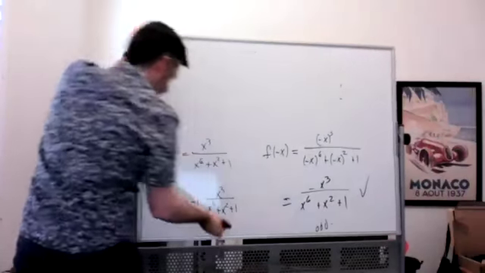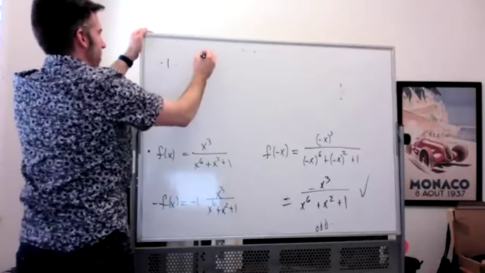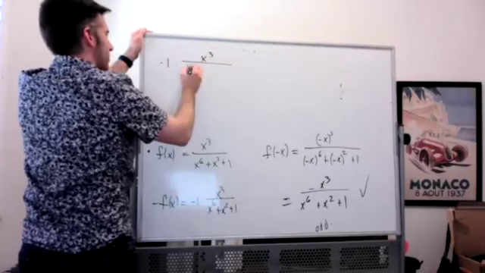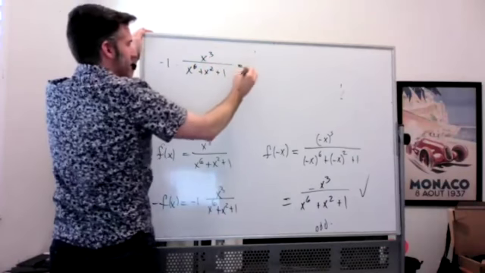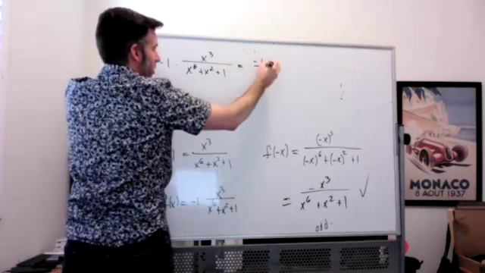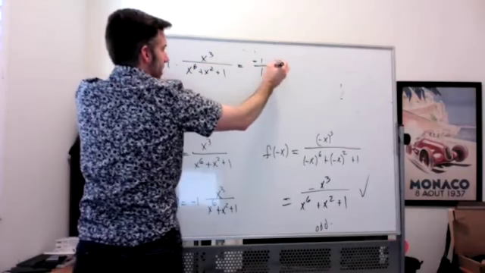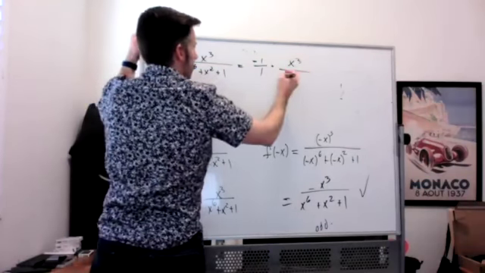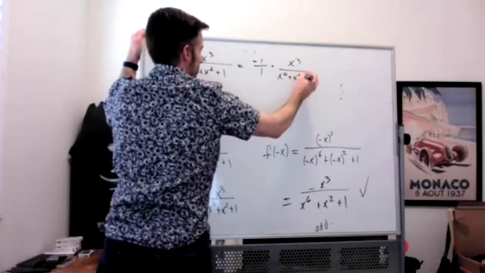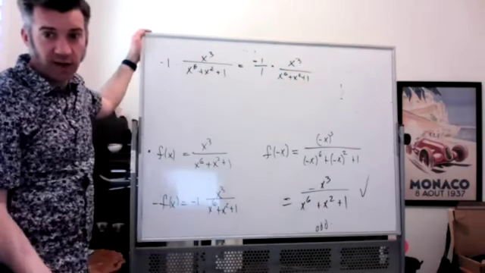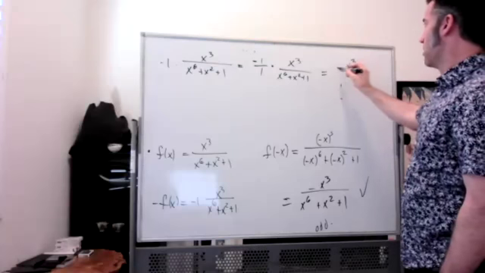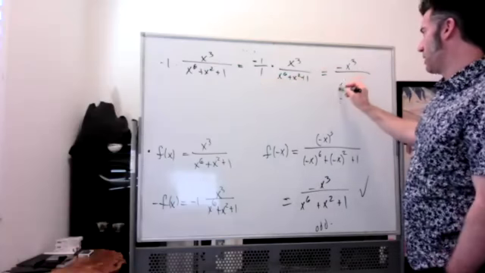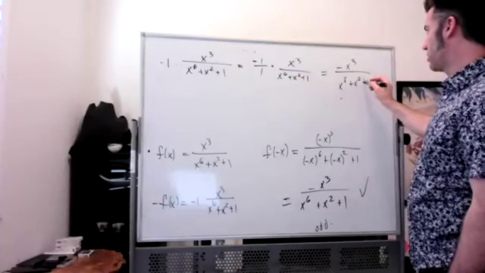If you multiply negative 1 times this fraction, you can think of negative 1 as negative 1 over 1 times the fraction x cubed over x to the 6th plus x squared plus 1. And when you multiply fractions by fractions, you multiply the tops together and the bottoms together. So this is going to be negative 1 times x cubed over positive 1 times x to the 6th plus x squared plus 1.